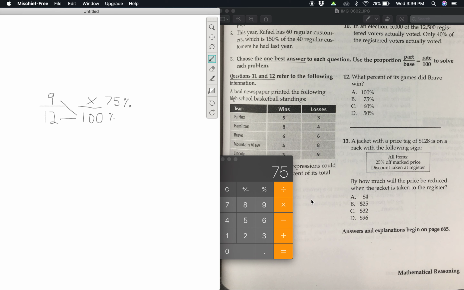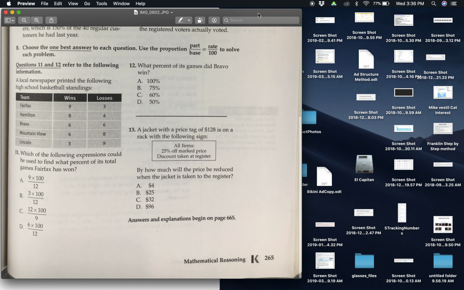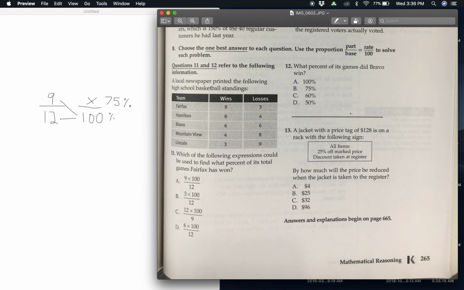So think of this. You always have to set it up this way. Remember what we did. 9 times 100 divided by 12. Look here, 9 times 100 divided by 12.